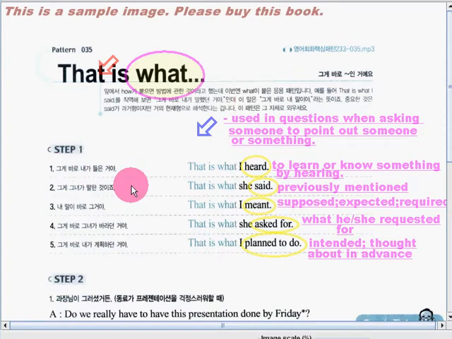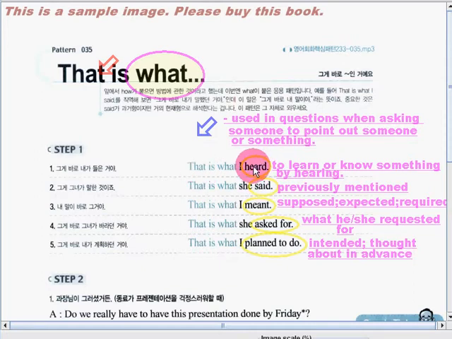Let's discuss the sample sentences so that you can understand it more. Number 1, that is what I heard. Because we have the pattern "that is what," you are pointing out what you heard.